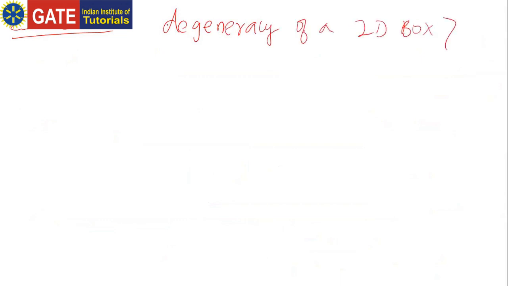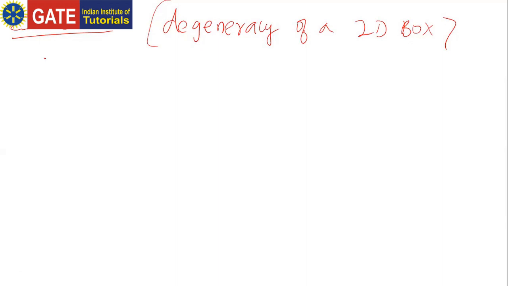Now we are going to find degeneracy of a 2D box. What do we mean by degeneracy? Different states but same energy.